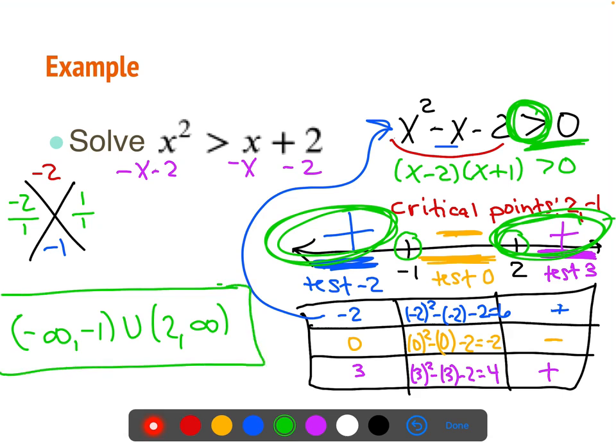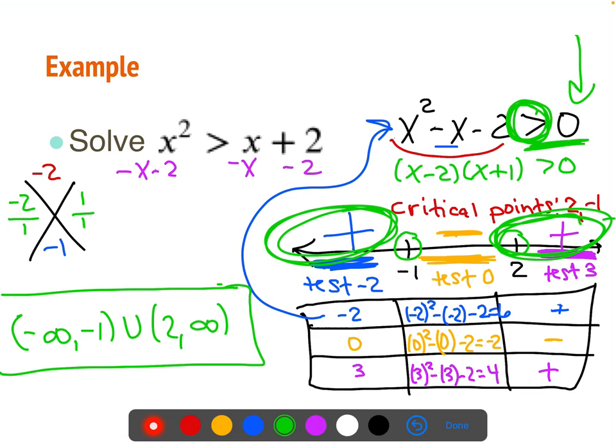If it's a greater than or greater than or equal to, I'm trying to find where it's positive. If your inequality started with a less than or less than or equal to, I'm trying to find where it's negative. So all I do is I get it set equal to 0 basically. So I got to get the 0 part first.